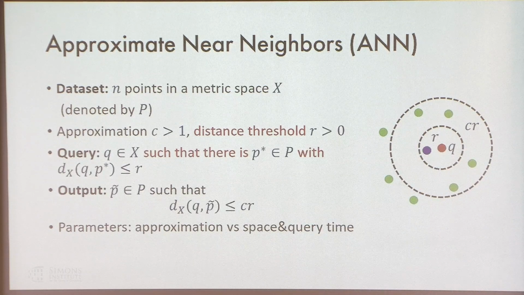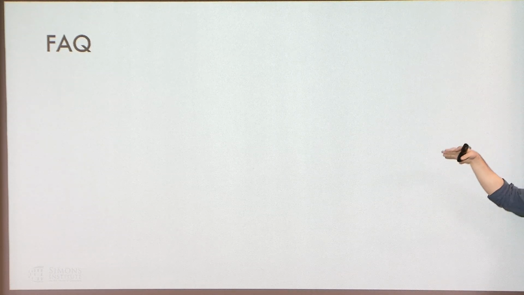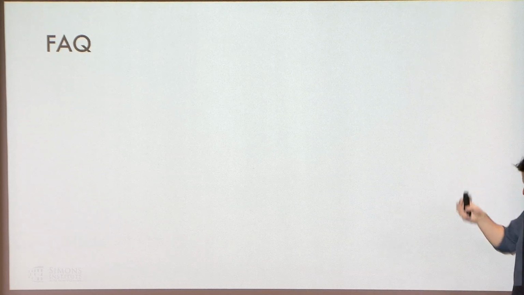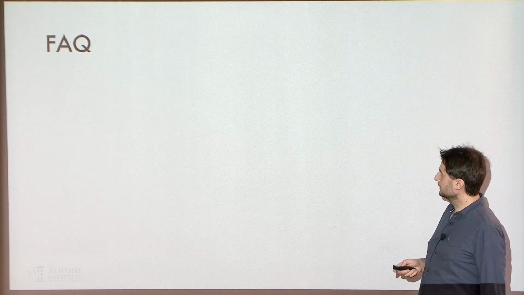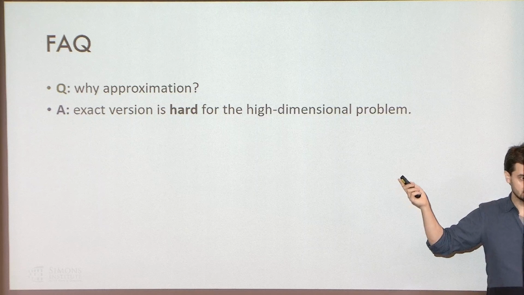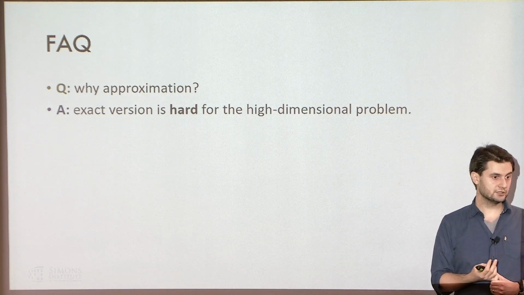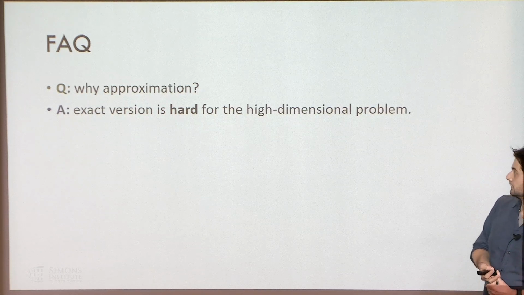This is the standard definition, and just quickly to go through the main setup of this problem, the frequently asked questions. Why approximate? Why are we focusing on approximate nearest neighbor search? Here we're focusing on the high-dimensional case. In the high-dimensional case, exact nearest neighbor search is usually hard.